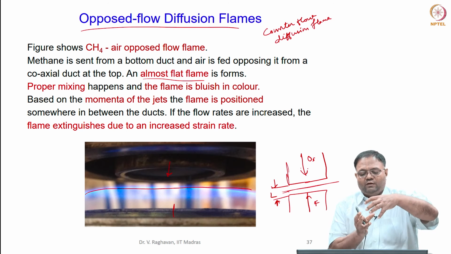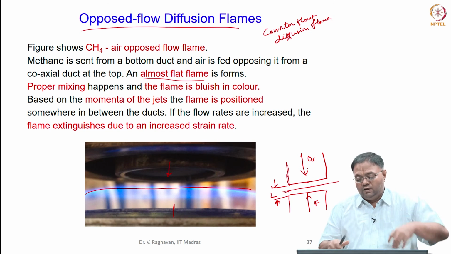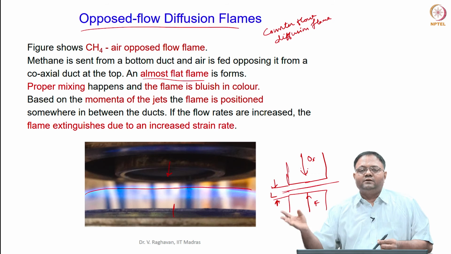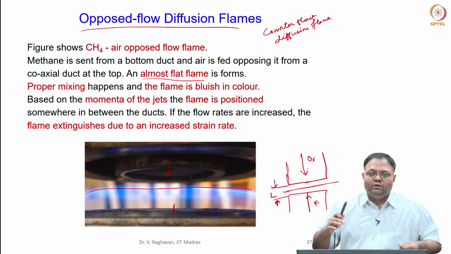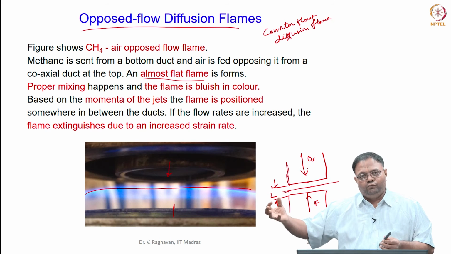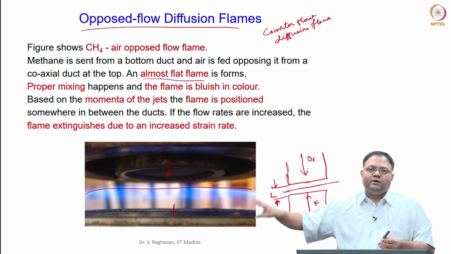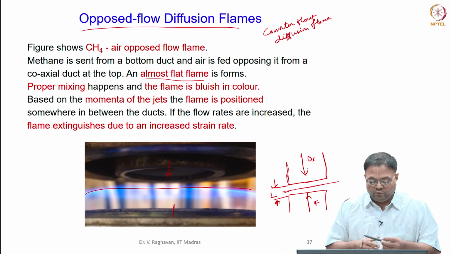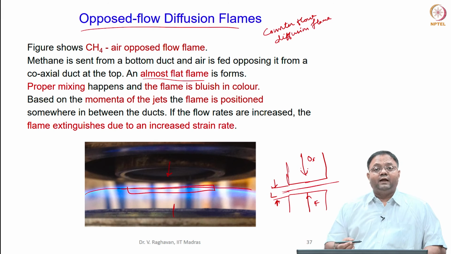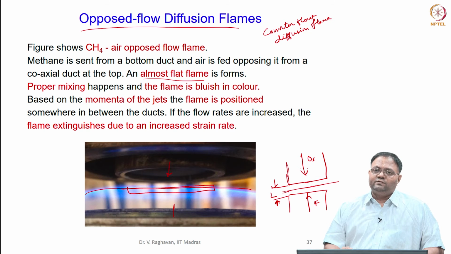Wherever the stagnation plane is intact, the flame will remain flat there. Away from the stagnation plane, you will see that the flame will rise up due to buoyancy, or you can also suck the hot gas down and take it through another port. So that is also possible. Altogether, we are interested in the region where the flame is flat, and we can take measurements of temperature, species, etc.